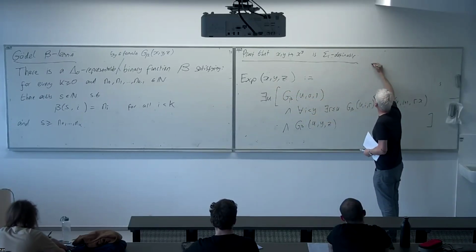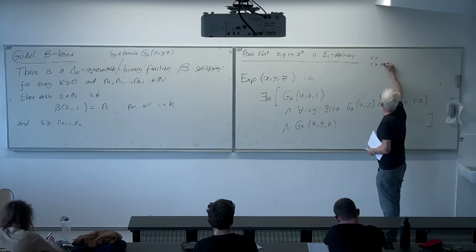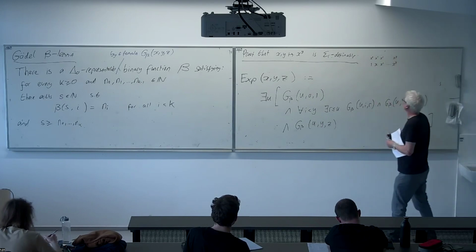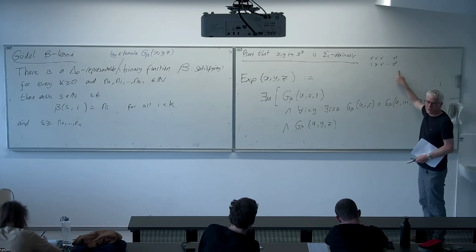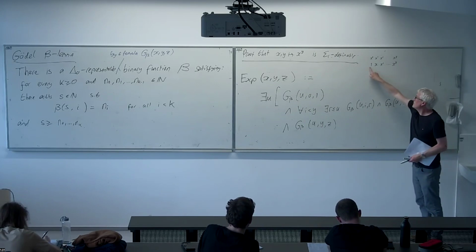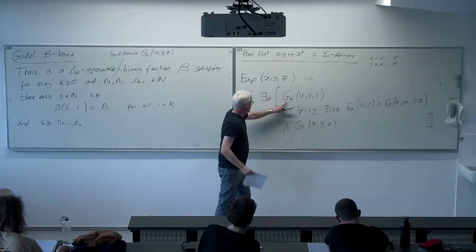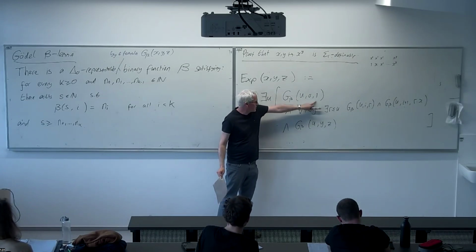There's the sequence 1, which is x to the power of 0, x, that's x to the power of 1, x squared, x to the power of 2, all the way up to x to the y, so x to the power of y. So we want U to be the encoding of this sequence.